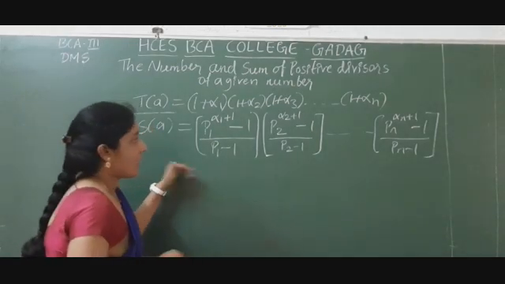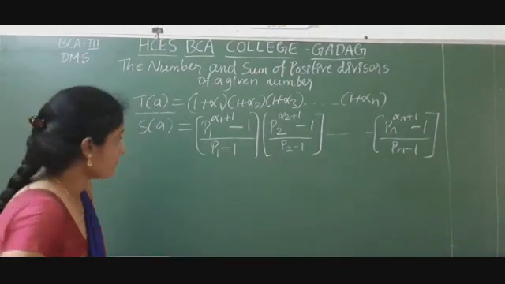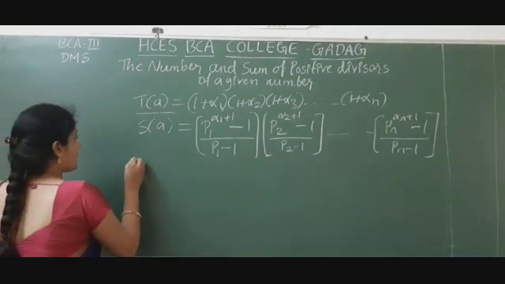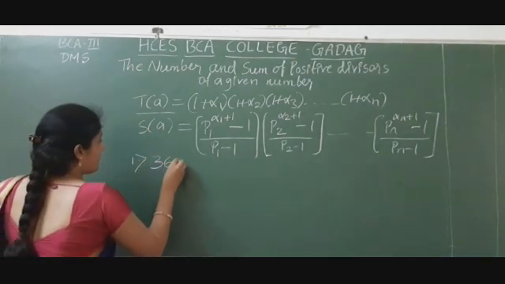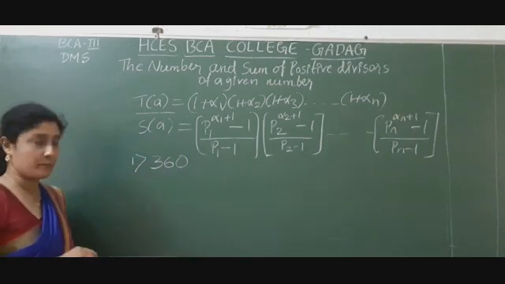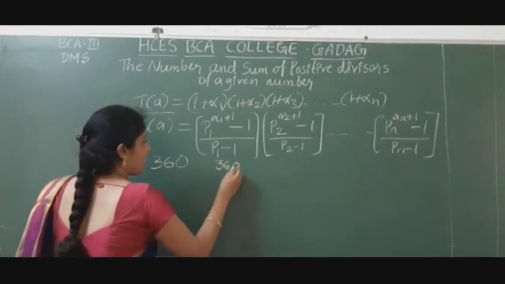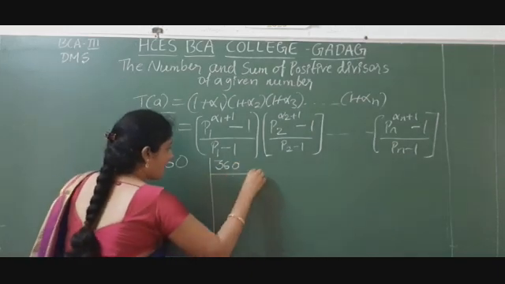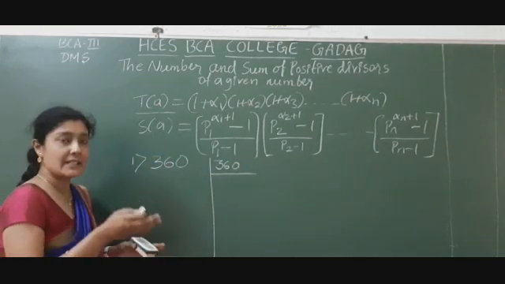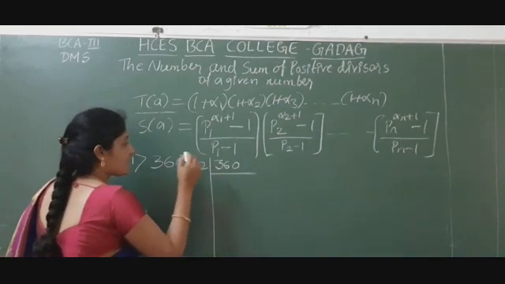Okay. Now, let us solve the problem. First, we shall consider 360. Now, we have to divide 360 first. How do we divide? Usually, we have to consider the least number. The least number is nothing but 2.